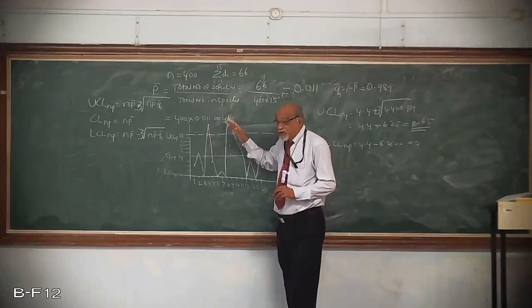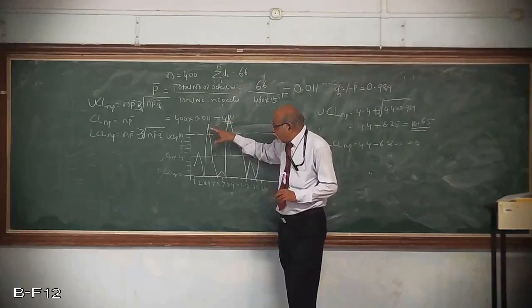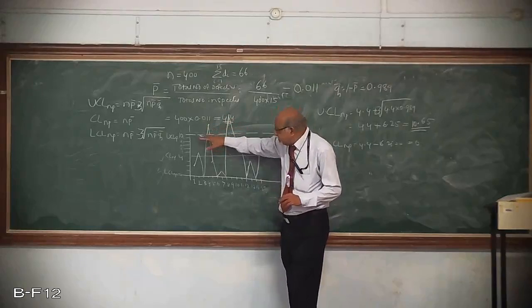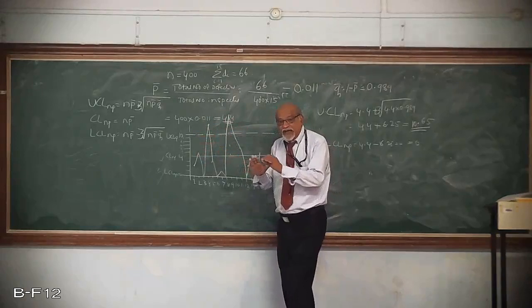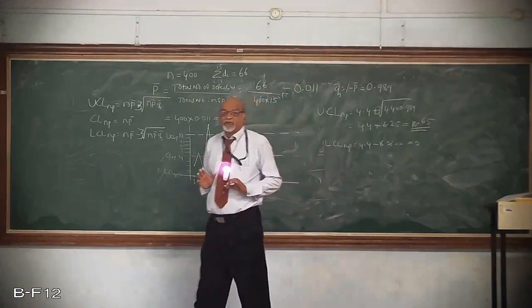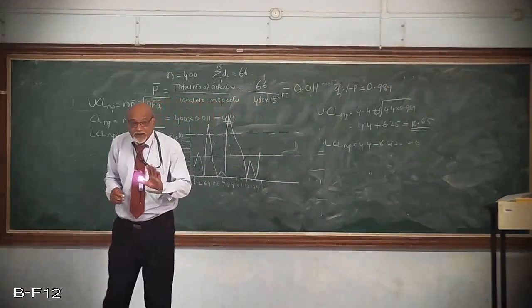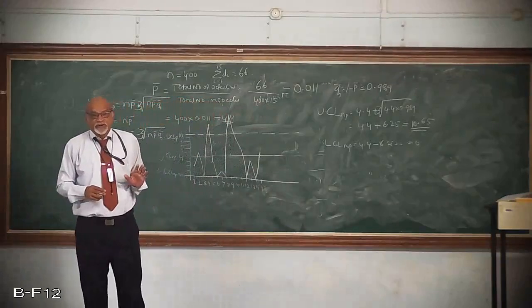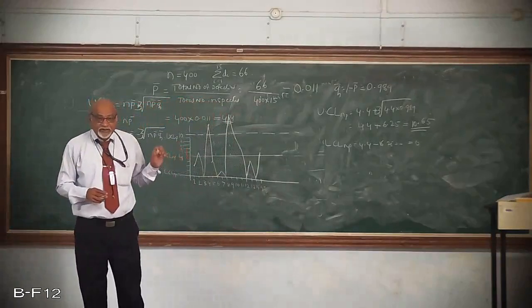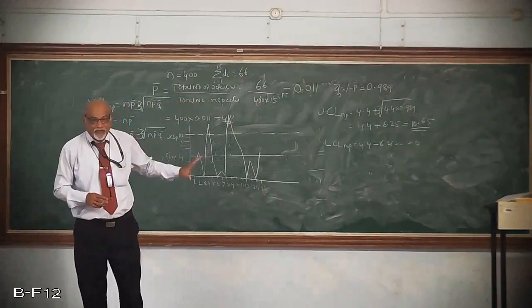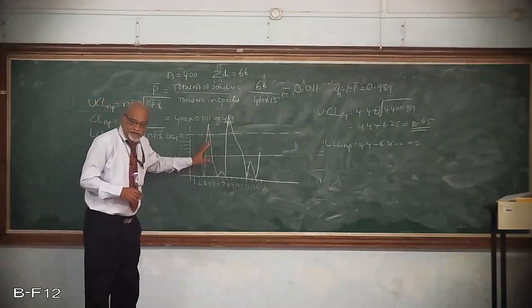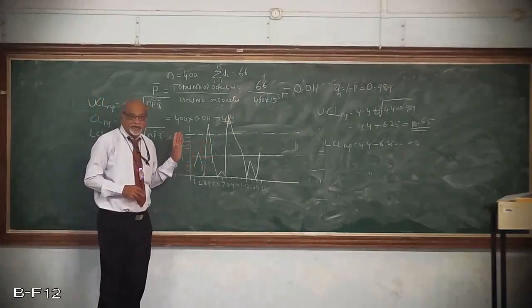If all the points had fallen within the control limits, I would have carried forward the same control limits. Try to understand, that would have become the standard control limits. That is why the name trial control limits. We are still trying to establish the control limits.